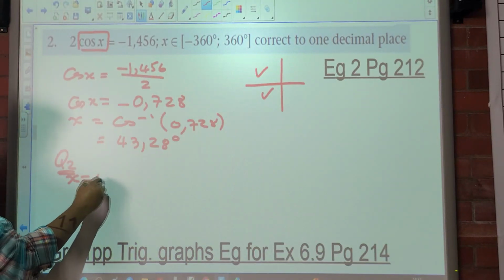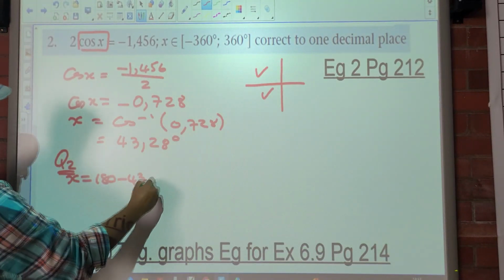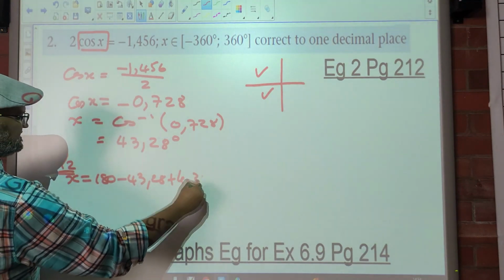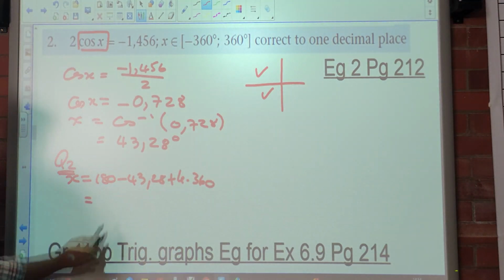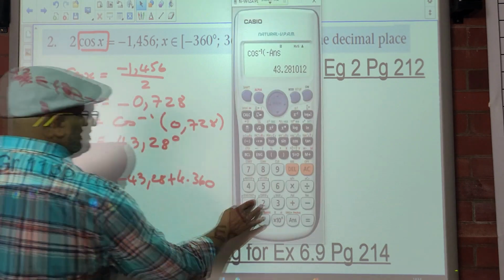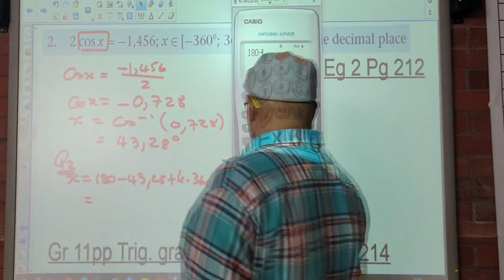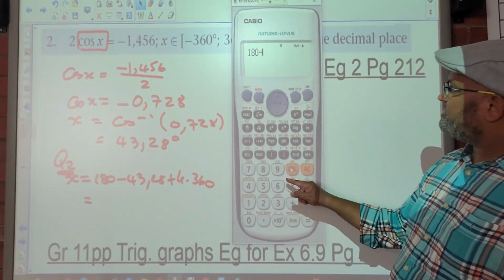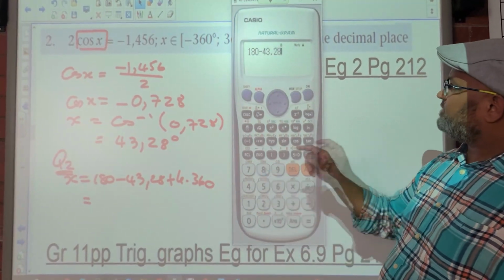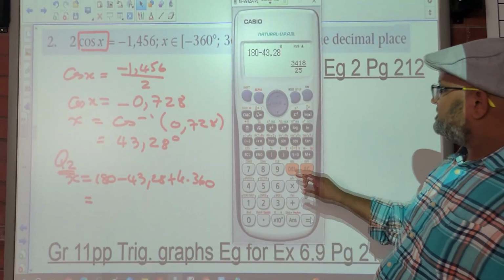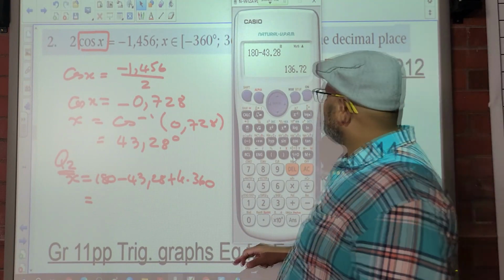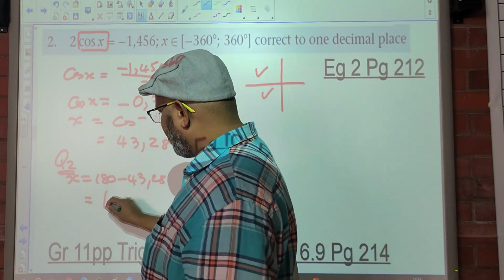So x is equal to 180 minus 43,28 plus k times 360. So that gives us 180 minus 43,28, which gives me 136.